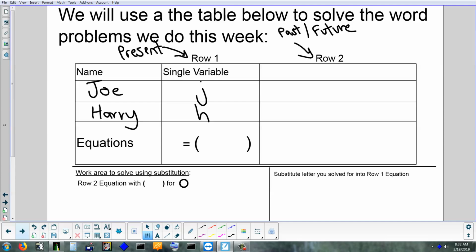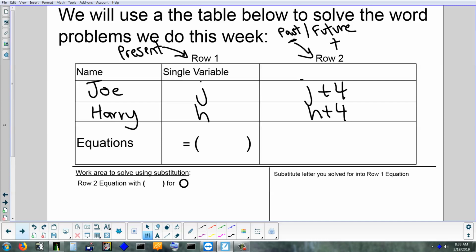That's how you know whether it's the past or the future. If it's past, I want to subtract. If it's future, I want to add. And it all depends on how many years ago, or in whatever number of years. It all depends how it's set up. If it said in 4 years, I would add, right? So it would be J plus 4, H plus 4.